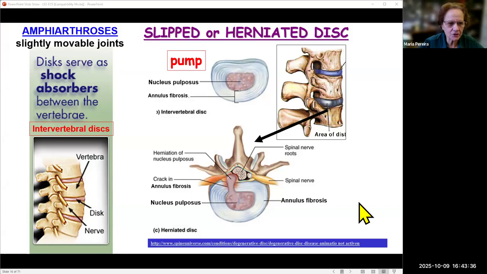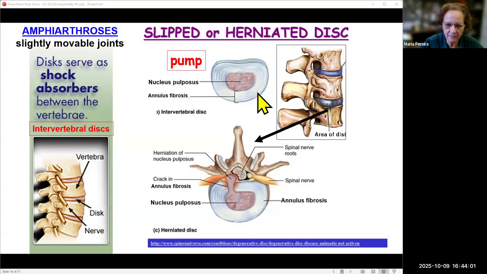Okay, so let's talk about these intervertebral discs. These are very, very interesting structures in our body. So what are they made of? This is a cross section. Think of a drone looking at it from the top. You see this ring that is the annulus fibrosus.